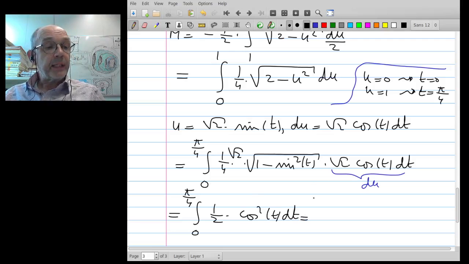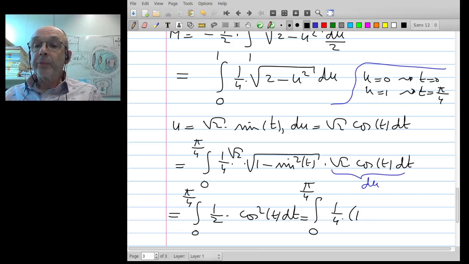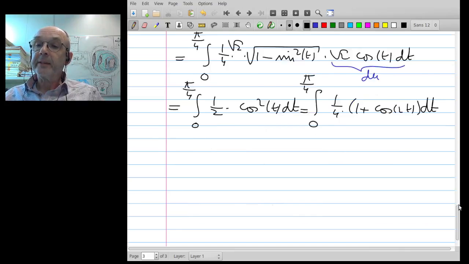Now here you can again use that formula for the cosine, the formula with 2t, the cosine of 2t. And what do we have then? We have here 1 over 4 times 1 plus the cosine of 2t dt.